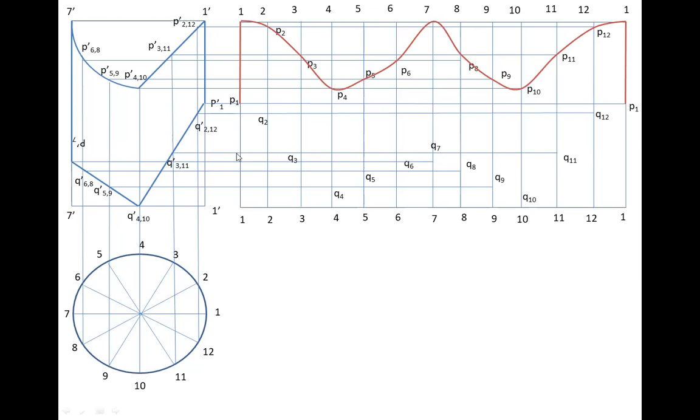Then 11. Here it is 3 and 11. So all these points are to be joined with a smooth hand. So all these points are to be joined, and this will give you the development.